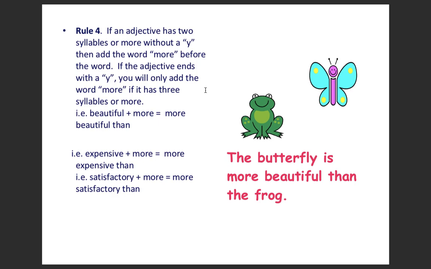So we add the word more in front. Next is satisfactory. Satisfactory is a three-syllable word, but it has a Y behind. However, the same rule applies. You add the word more in front. Sentence example: the butterfly is more beautiful than the frog.